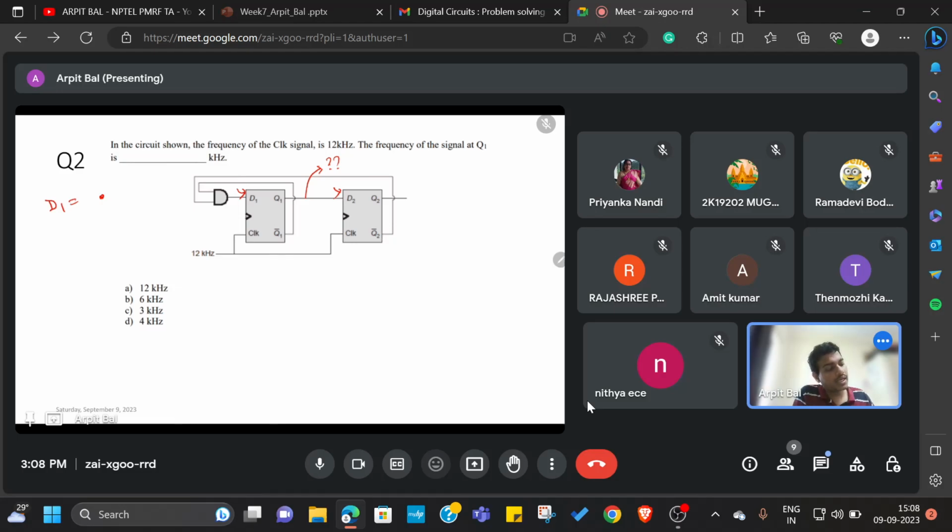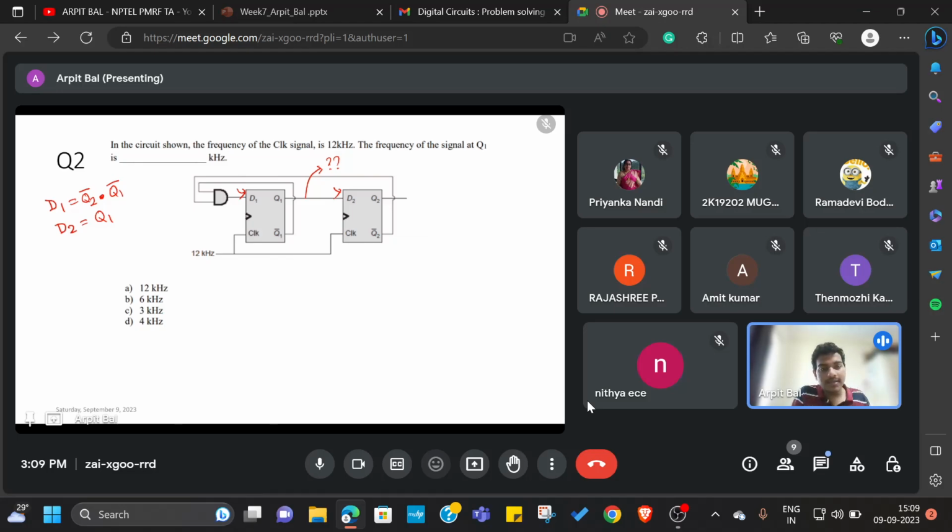Q2 bar is one of the inputs for the AND gate, so I'll write Q2 bar, and the other input is Q1 bar. So that is my D1. Next, what is my D2? D2 is nothing but a wire connected between Q1 and D. So D2 is Q1.